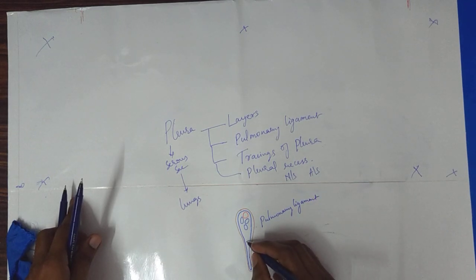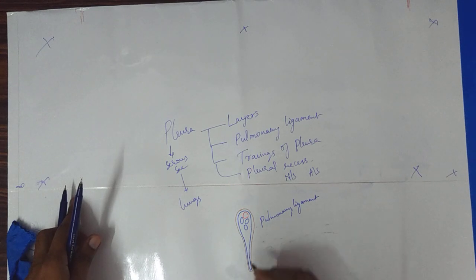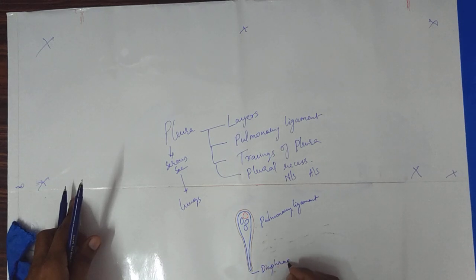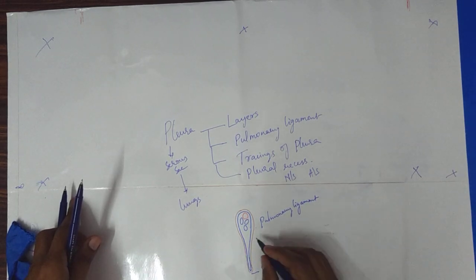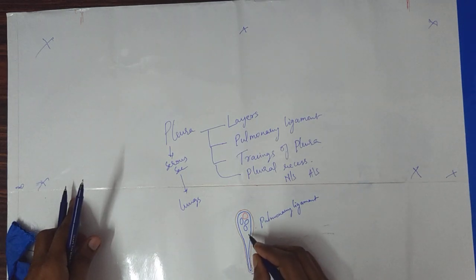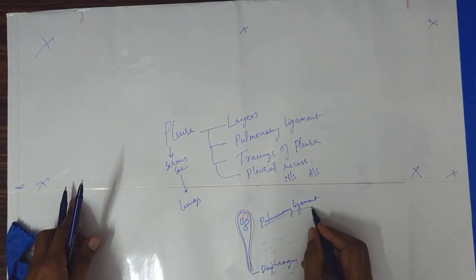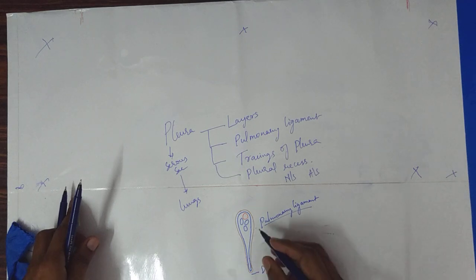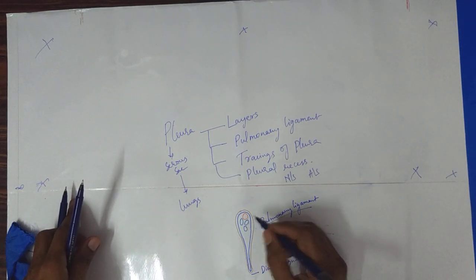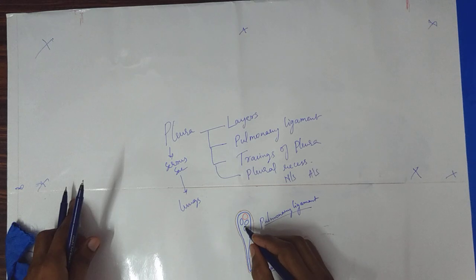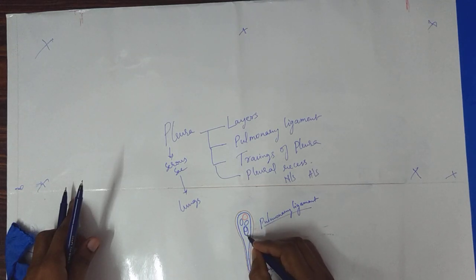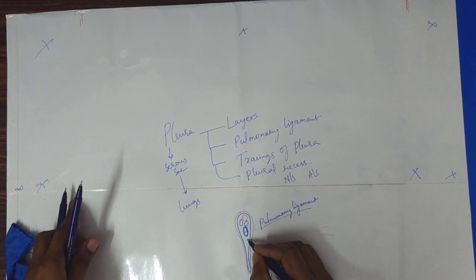Here you can see this pleura is overhanging down, and this extension goes till the diaphragm. What is the functional significance of this pulmonary ligament and this dead space? Whenever there is increased venous return, the pulmonary veins will be enlarged, and for this expansion we have some space.